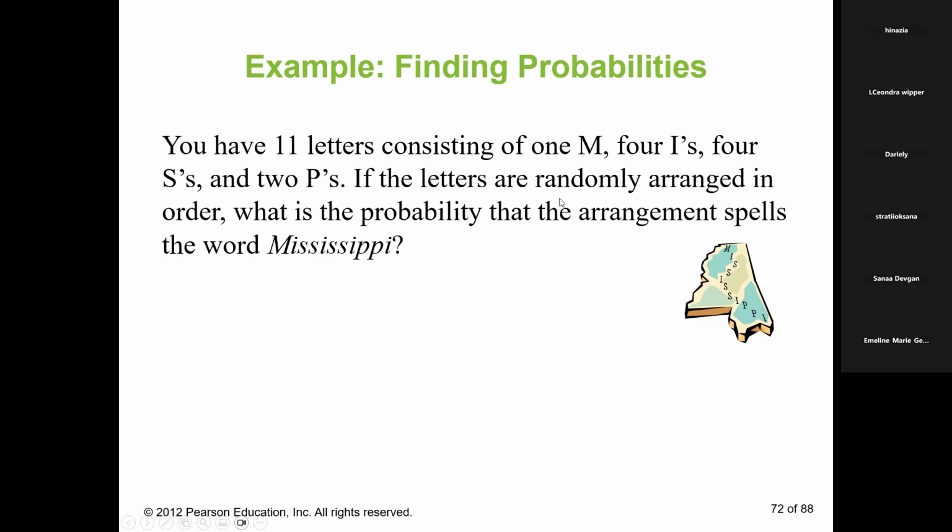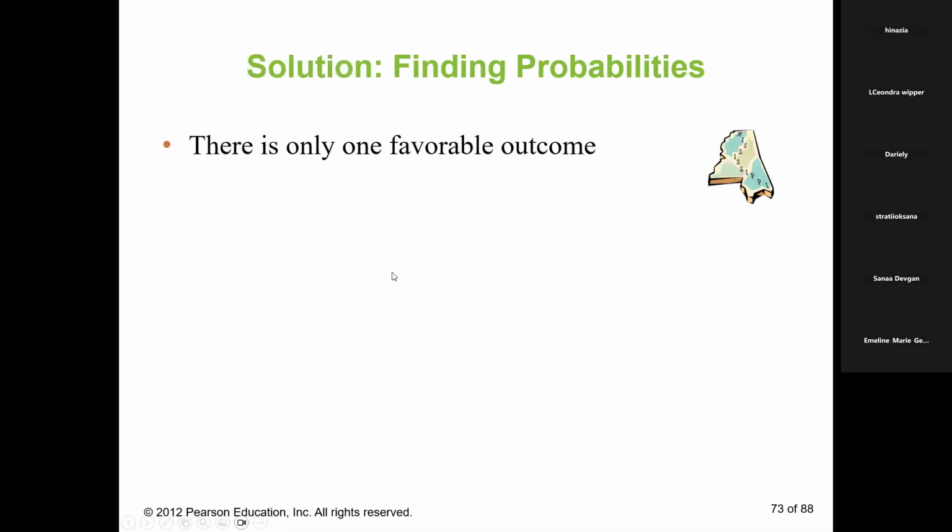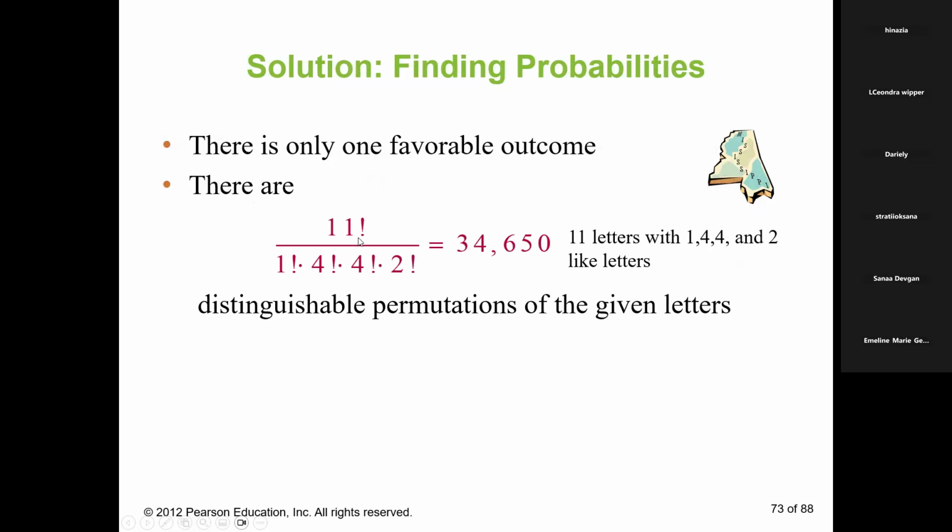If the letters are randomly arranged in order, what is the probability that the arrangement spells the word Mississippi? There is only one favorable arrangement, over 11 factorial divided by 1, 4 factorial, 4 factorial, and 2 factorial. Same thing. So that's it for chapter 4.